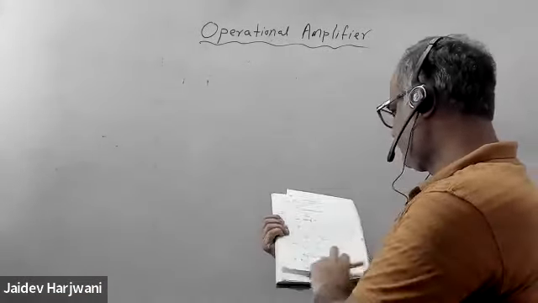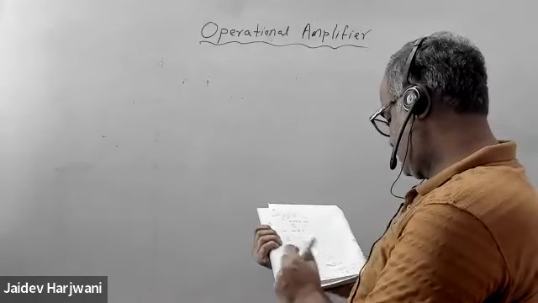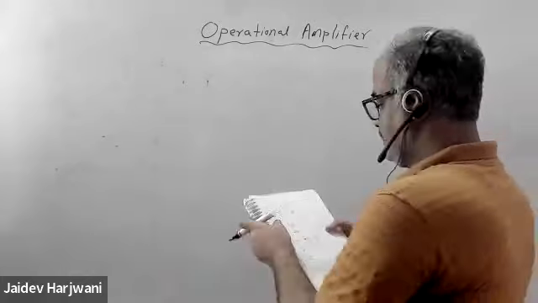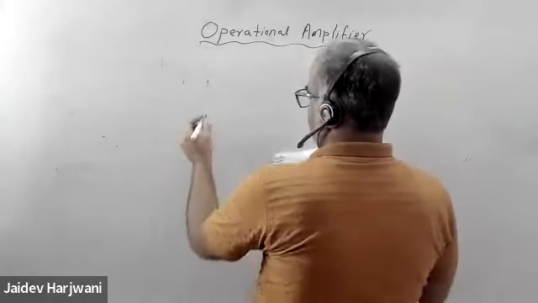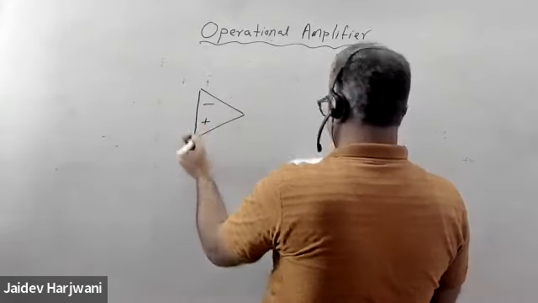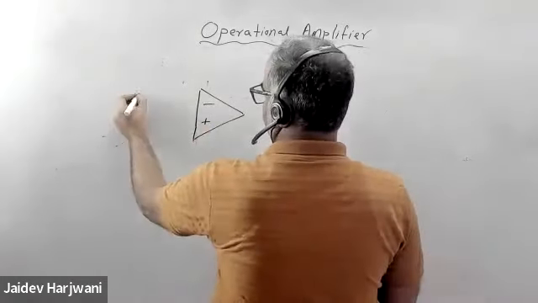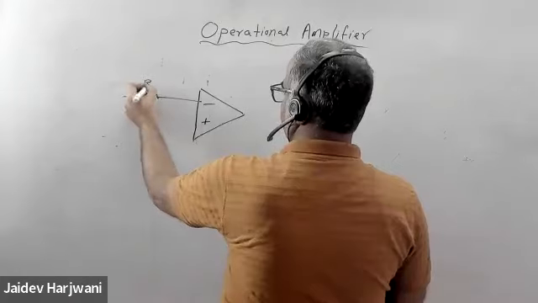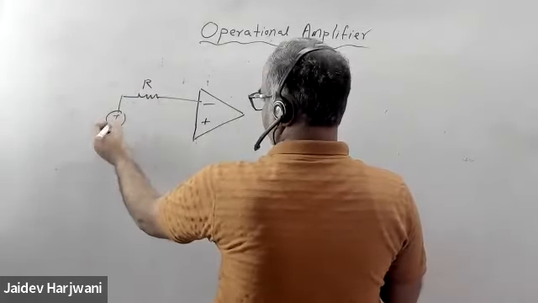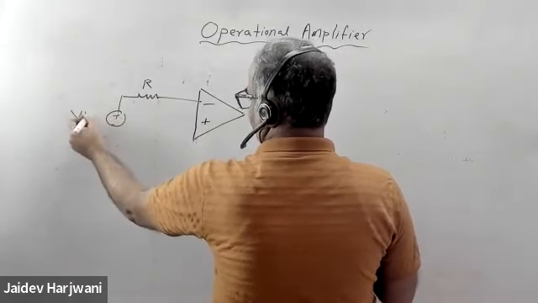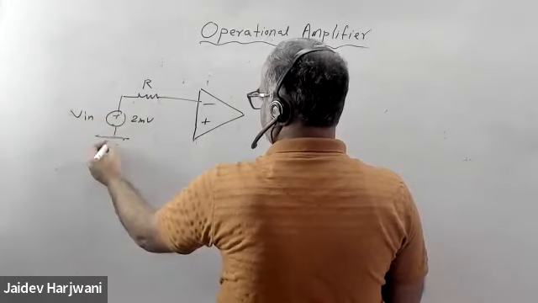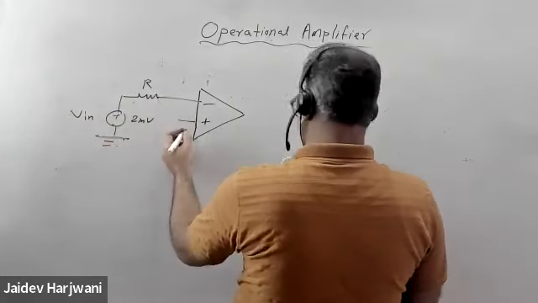Now this problem I think came in JEST. You have an op-amp with minus and plus terminals. You have this as R. You have this V input, which is given as 2 millivolt. Then this is ground.